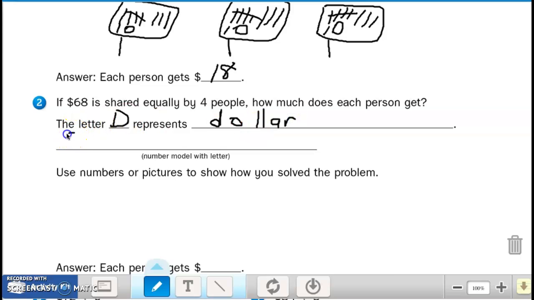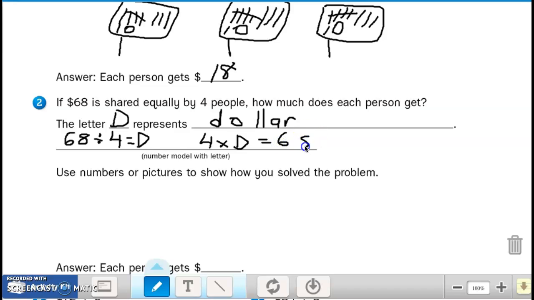We've got 68 here, and we're sharing 68 divided by 4 equals D. And again, we have a fact family for that, so 4 times D equals 68.